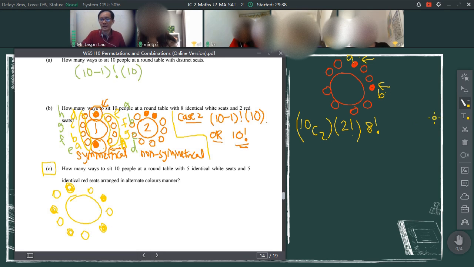This is quite a common question because that's how in real life people arrange their wedding dinner seats, sometimes in alternate colored seats, like silver and gold, or white. So how many ways to arrange the 10 people now?